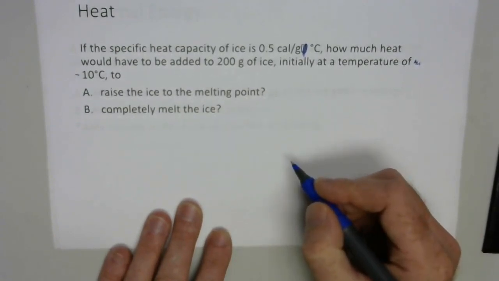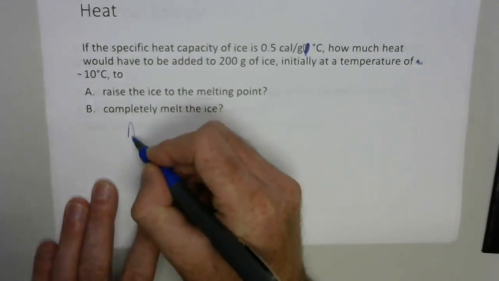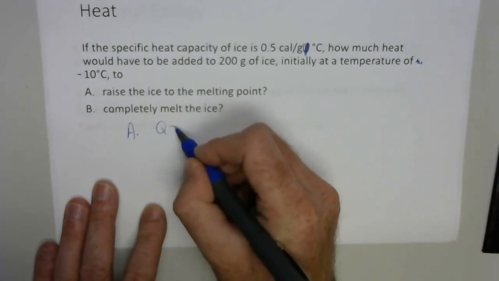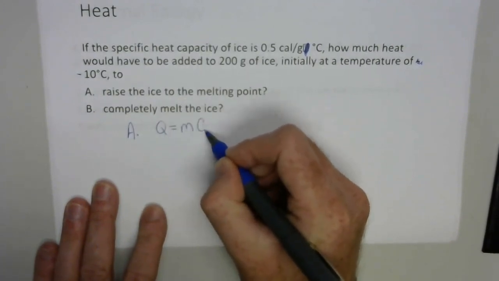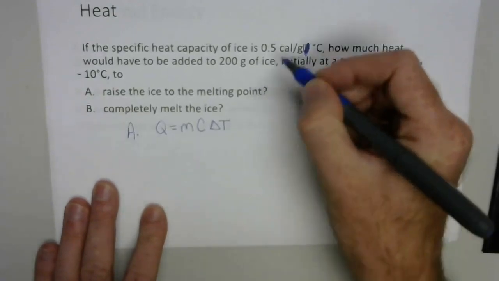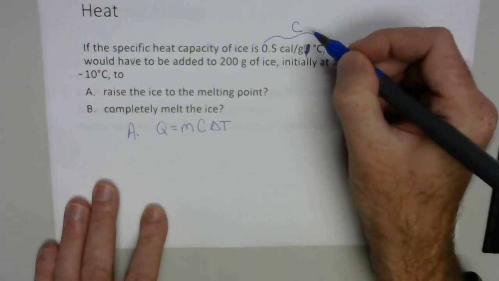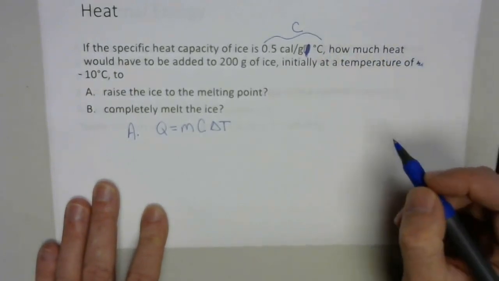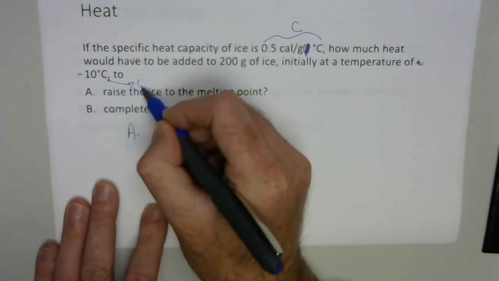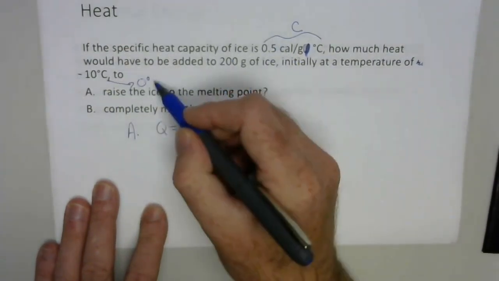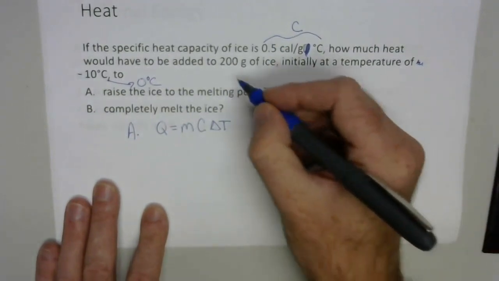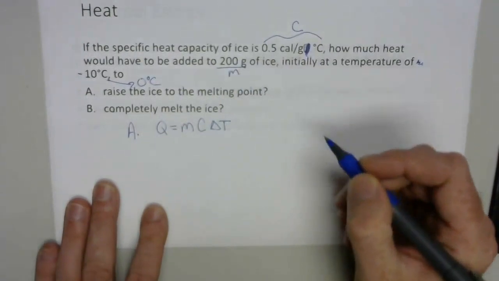So if we just want to raise the temperature of the ice to the melting point, we're going to use Q equals the mass times the specific heat times the change in the temperature. So this is my C. We're going from -10 to 0, because that's the melting point of water. And then we've got the mass.